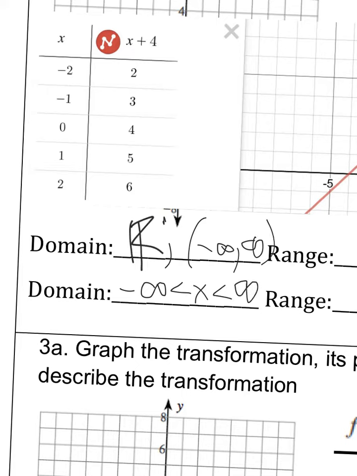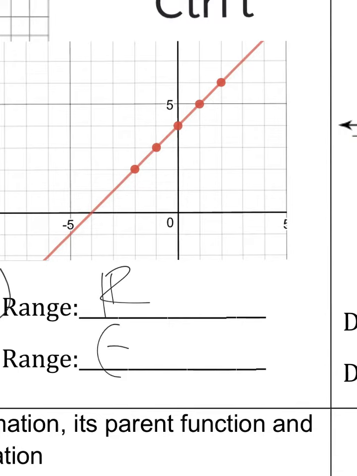So those are the different ways you could write all real numbers. I like the R. It's less writing. And as you can see, I don't always make that infinity symbol look very neat. Okay, so the range. The range is going up and down forever, so it's the same answer. You could say all real numbers. You could write it like this. It doesn't matter. I just want to make sure you don't forget what the different notations look like, okay?